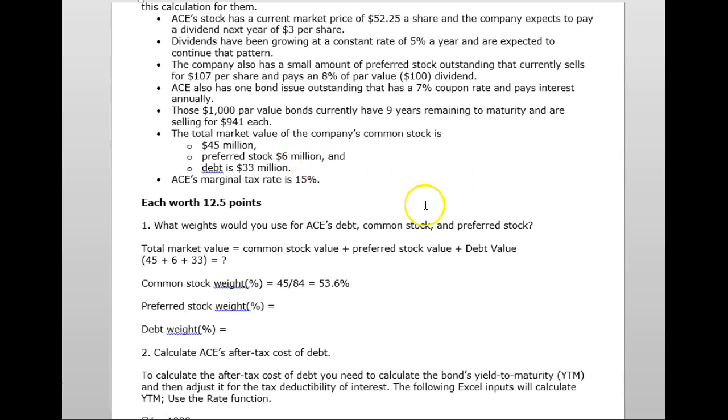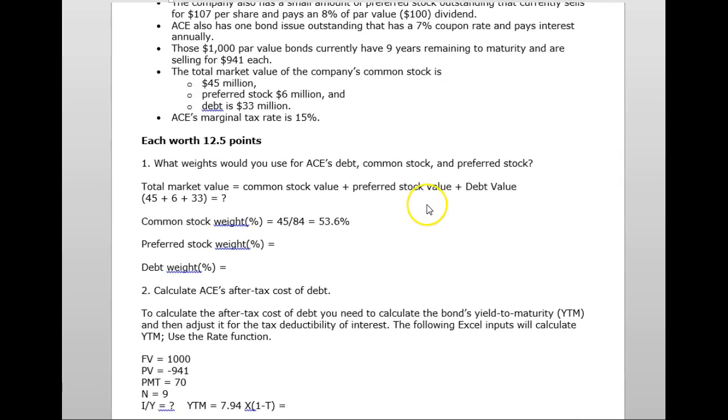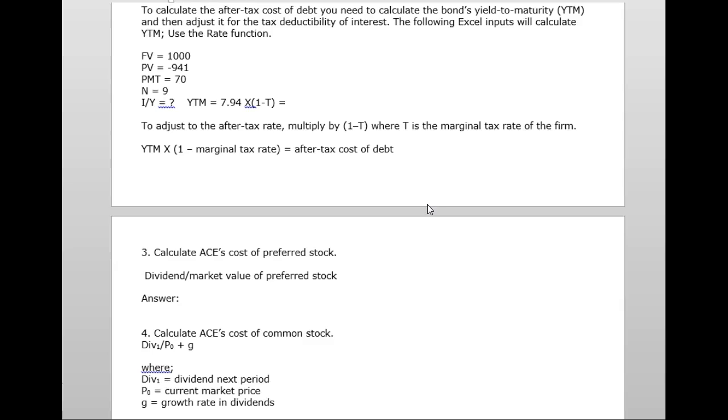It's $6 million, right? And it is, let's go up here, 8% par. That's the dividend. So 8% of $100 is $8, right? So the dividend per stock is $8. So let's go down here.